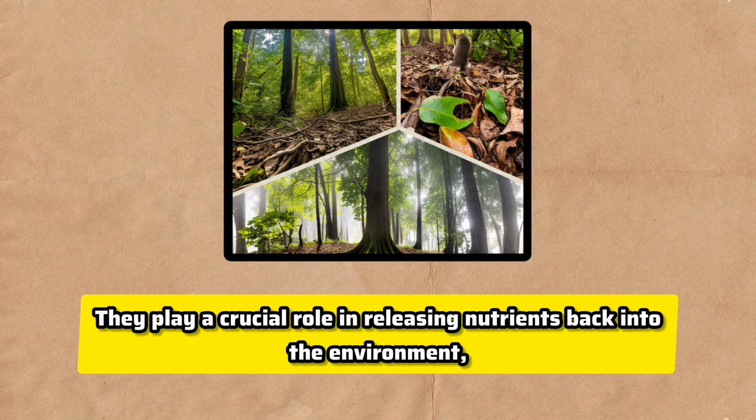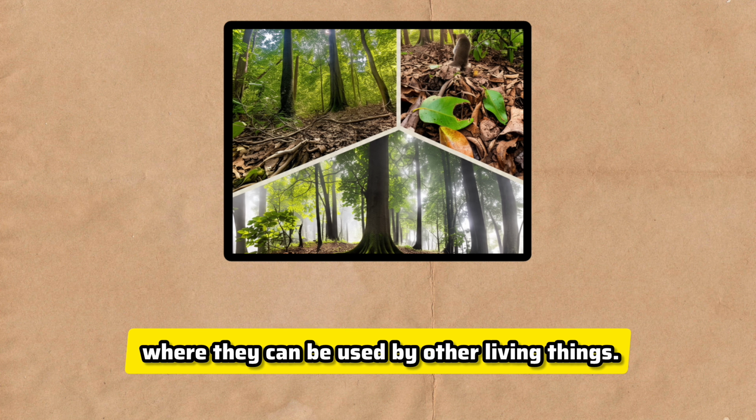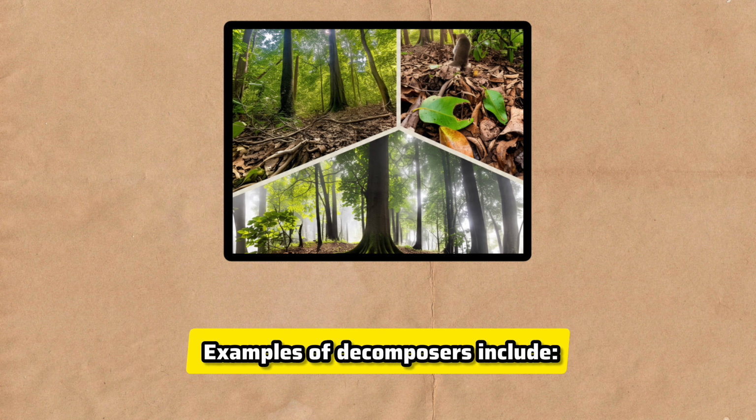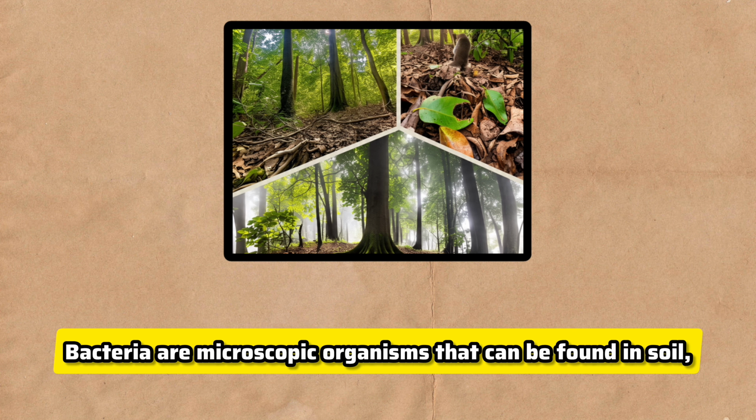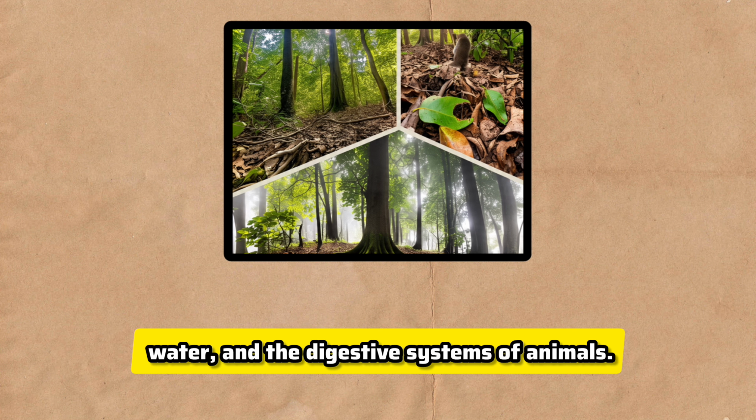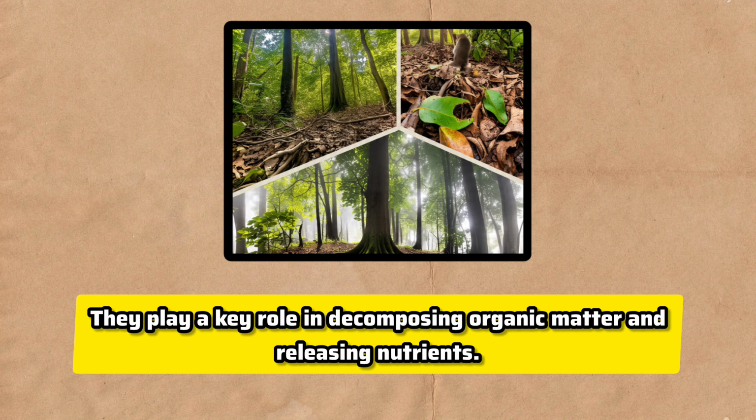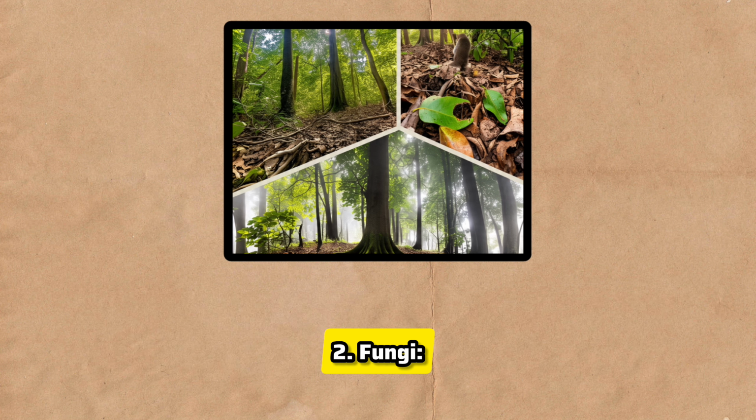They play a crucial role in releasing nutrients back into the environment, where they can be used by other living things. Examples of decomposers include: 1. Bacteria. Bacteria are microscopic organisms that can be found in soil, water, and the digestive systems of animals. They play a key role in decomposing organic matter and releasing nutrients. 2.